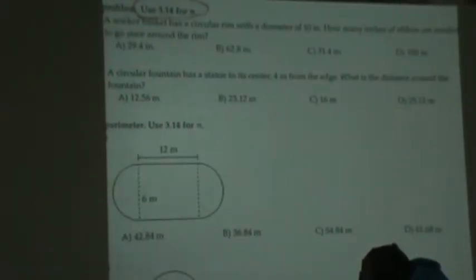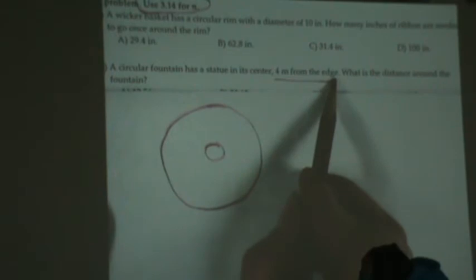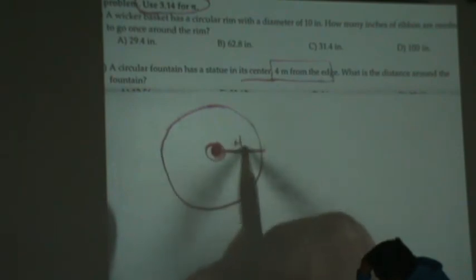Okay, number 32. A circular fountain. Okay, another circle going here. A circular fountain has a statue in its center, 4 meters from the edge. The statue, oh, okay, that would be the center, okay? That's telling you your radius is 4. What's the distance around it?